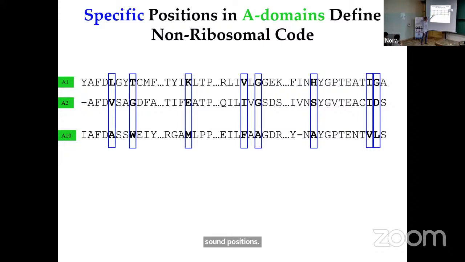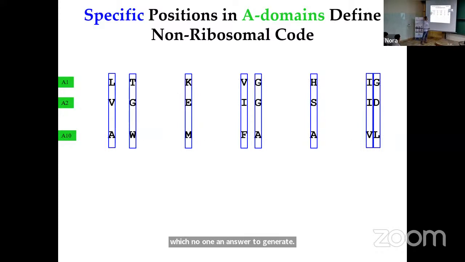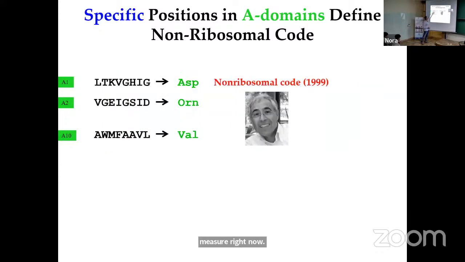And the amino acids at these positions define which new amino acid to add. For example, this is the most important amino acid in each domain. So they correspond to this A position, right? To this string of 8 amino acids, and this code results in adding this amino acid. This code results in adding this non-standard amino acid. And this code results in valine. Okay.